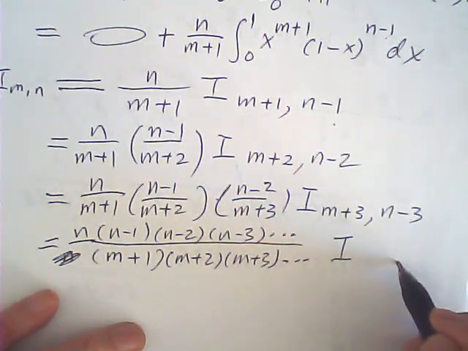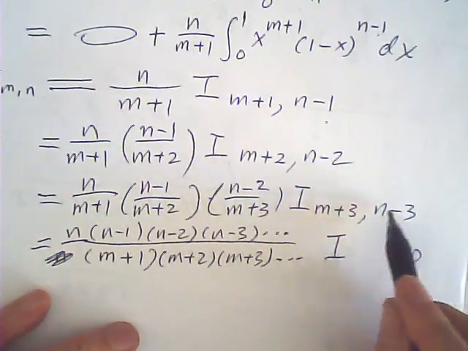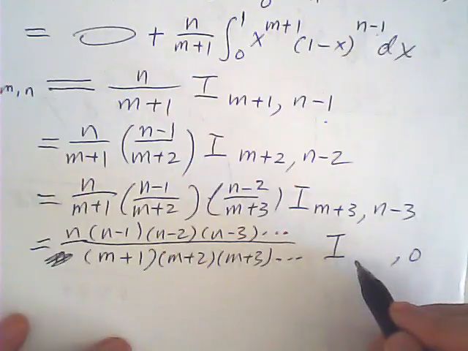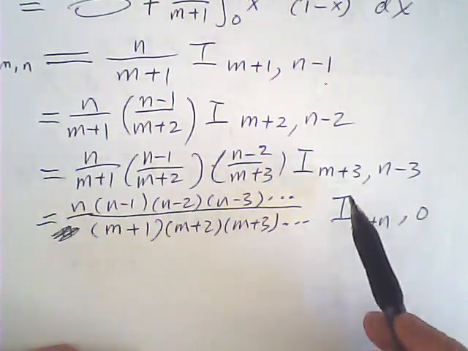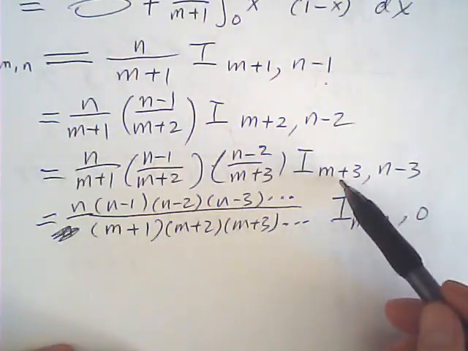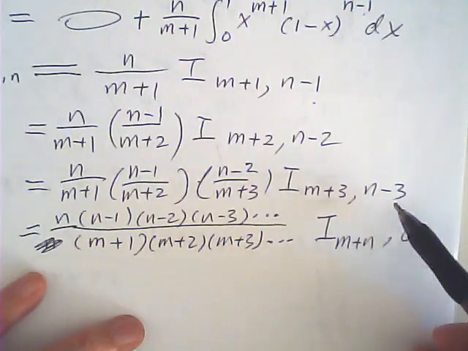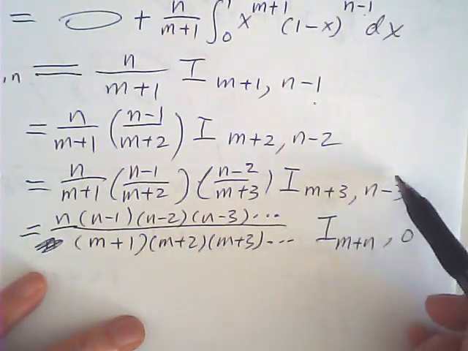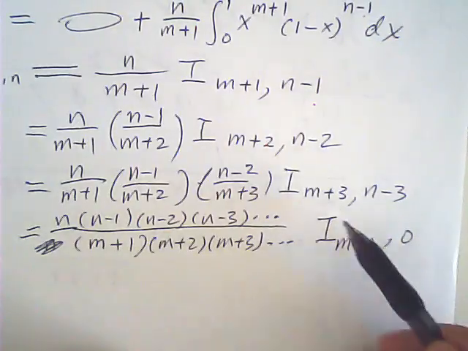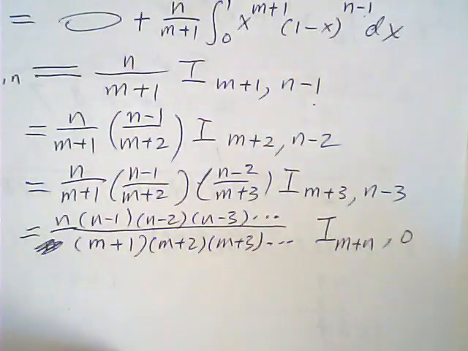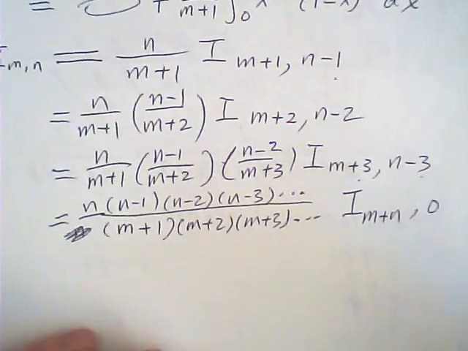Somewhere this will be 0. When this is 0, this will be m plus n. This is increasing. This is decreasing. So somewhere it reaches 0, and when this reaches 0, the other reaches m plus n.